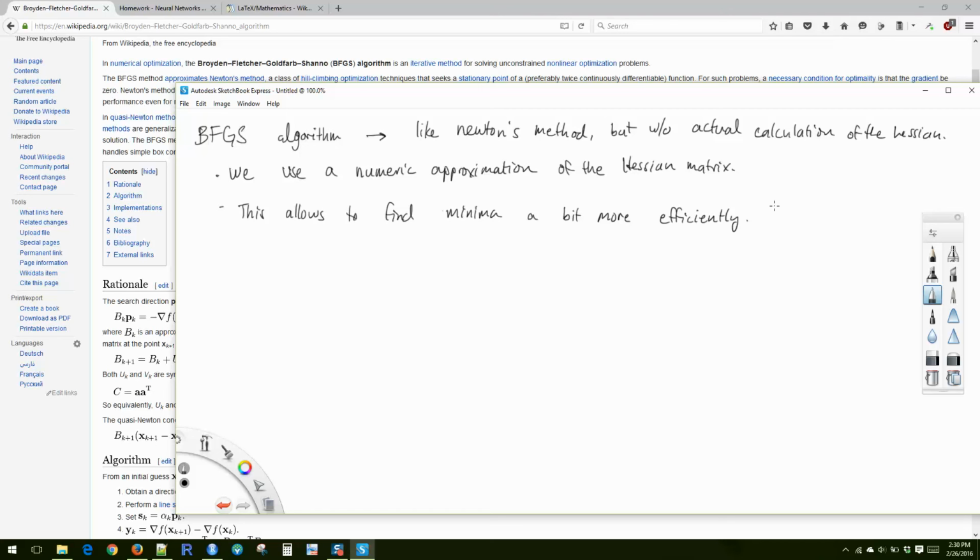So with straight up gradient descent, sometimes you run into this zigzagging problem. BFGS doesn't completely eliminate all problems with gradient descent, but it helps pick maybe a slightly better direction to travel in.